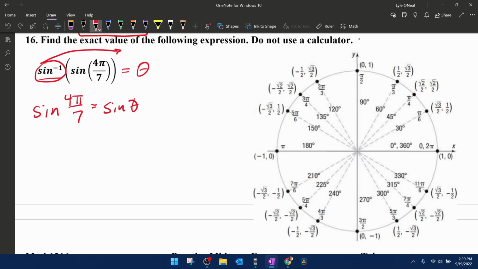And you may be thinking, well, the only way that these can be equal is if the angles are the same. And so theta would be 4 pi over 7 if this radian is within the acceptable range that an inverse sine can produce.